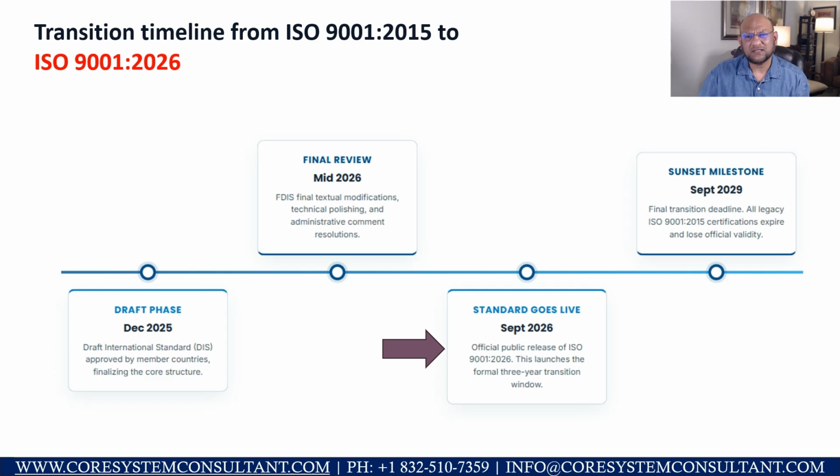So till September 2029, or if the standard comes in October 2026, then the transition timeline will be until October 2029, that the companies need to transition to the new standard. And then in October 2029, all the previous 2015 version certifications will stand null and void. So that is the brief about the 2026 version.